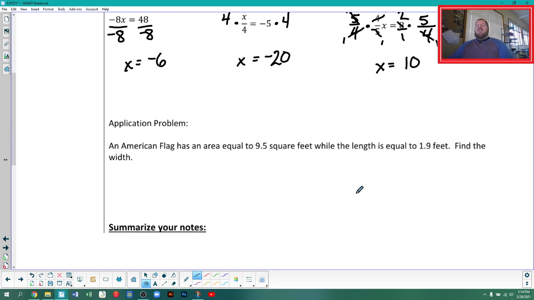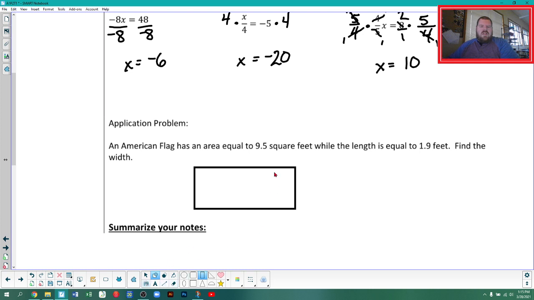So an application type problem that we can talk about here. It says an American flag has an area equal to 9.5 square feet, while its length is equal to 1.9 feet. Find the width. Well, if I think about it, the American flag is always a rectangle.